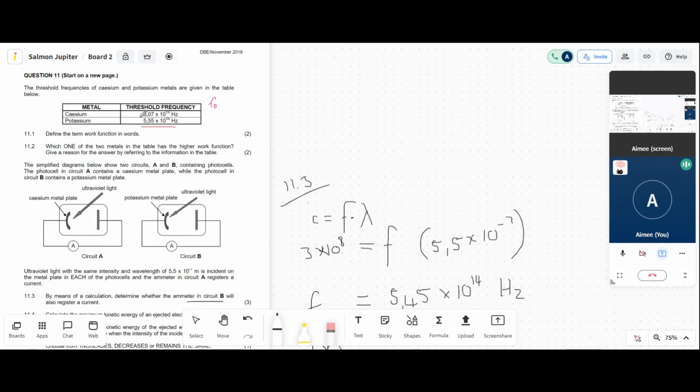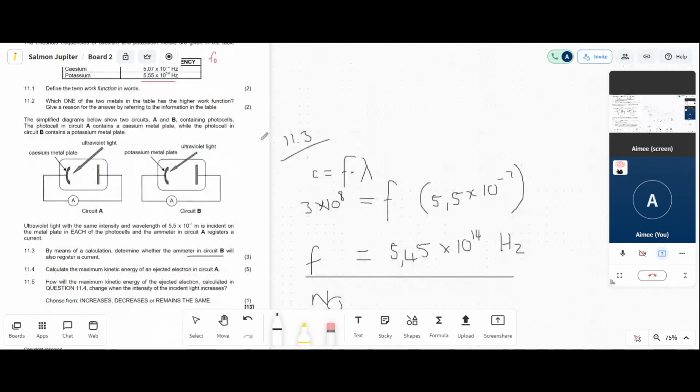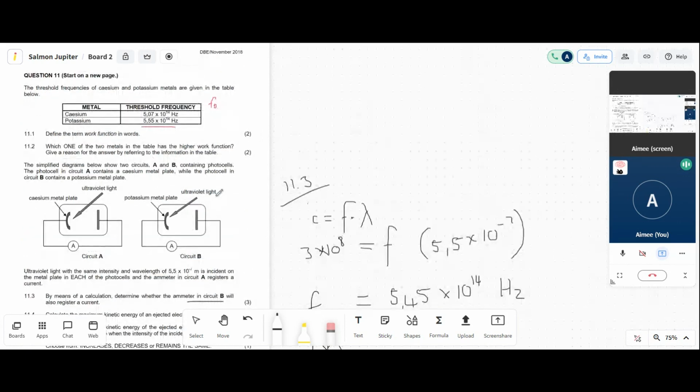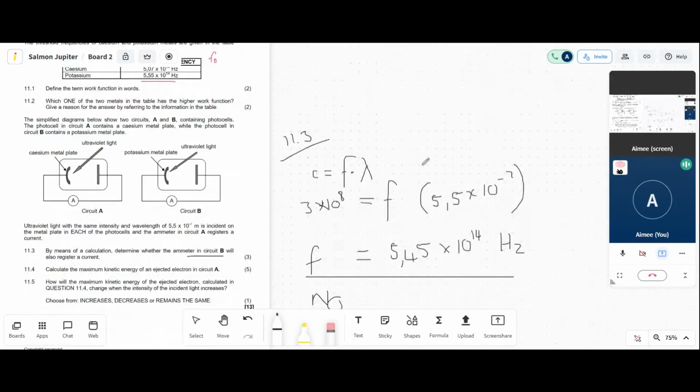The threshold frequency for cesium is lower. So yes, there's definitely electricity running through my cesium circuit because my threshold frequency is lower than the frequency of the light that's actually being emitted on the plate. But for a different metal that has a higher threshold frequency, the frequency of light is not sufficient for electrons to be emitted off of this plate.